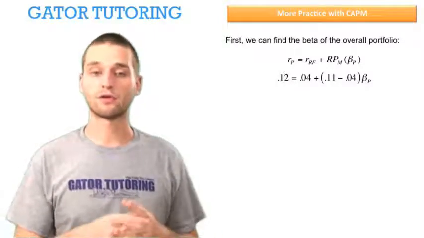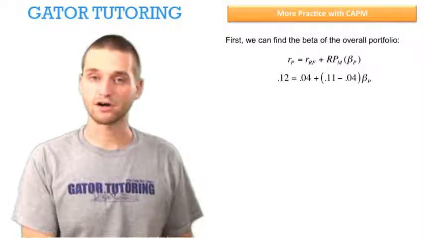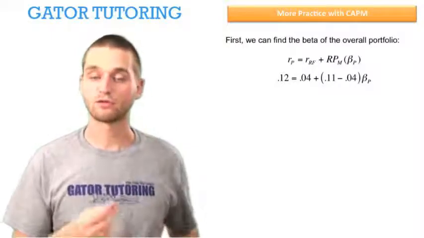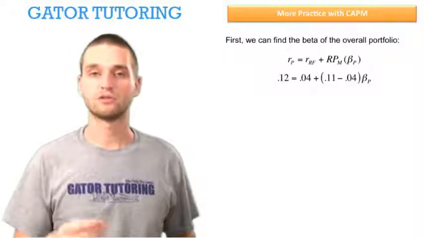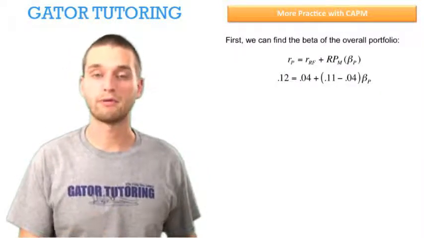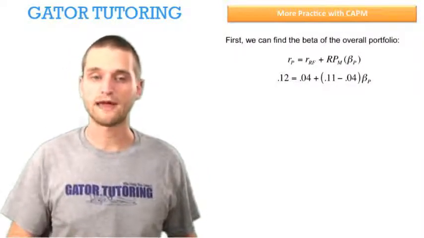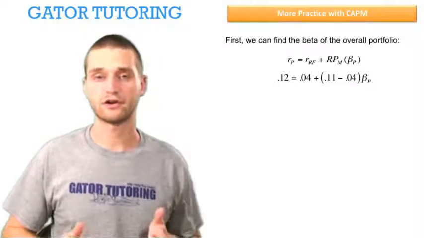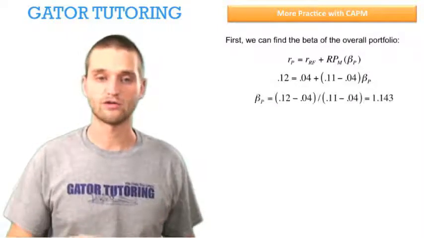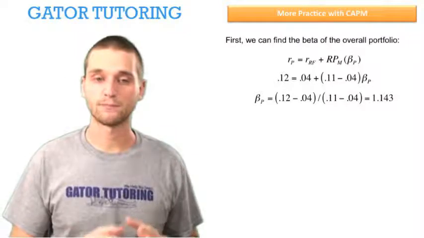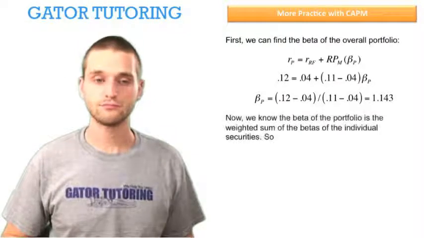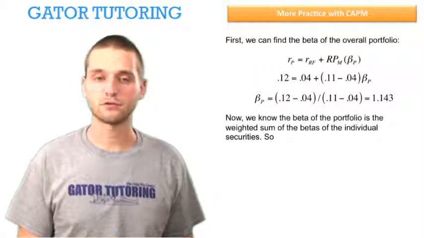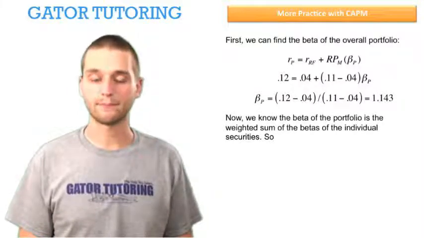We're not given the risk premium of the market directly, but we're given the return on the market of 11% and the risk-free rate of 4%, so we just subtract the two to get the risk premium of the market, and we multiply that by the beta of the portfolio, which is unknown. We're solving for it. So if we rearrange this equation and solve for the beta of the portfolio, we see that it's 1.143.